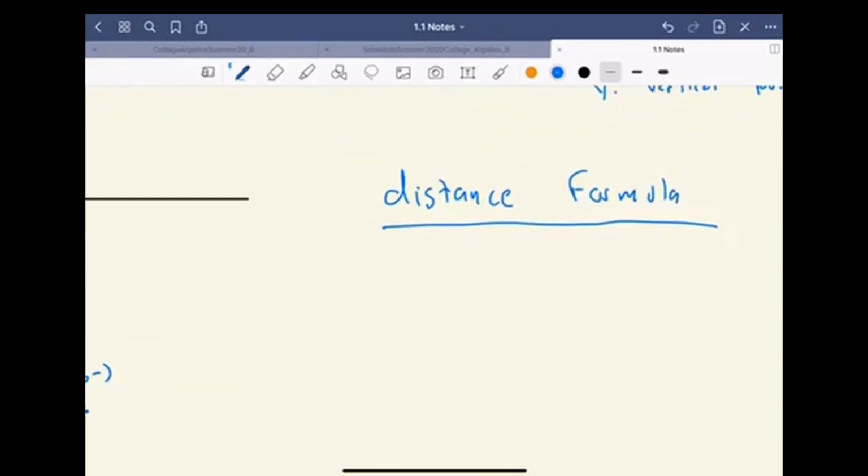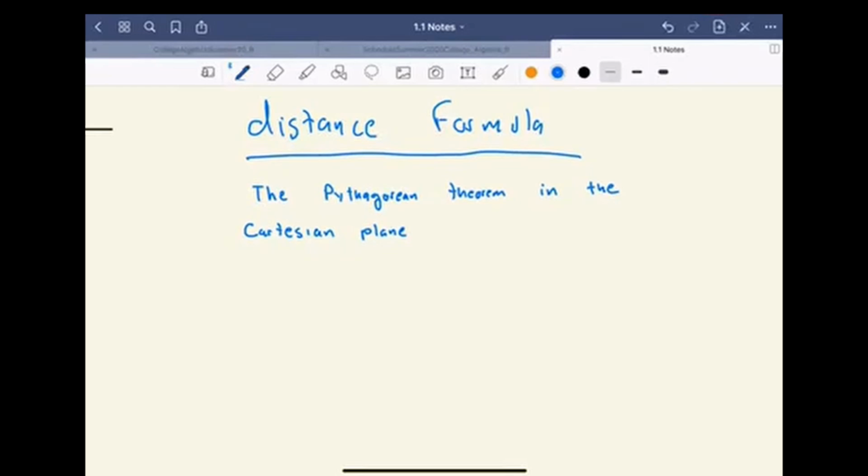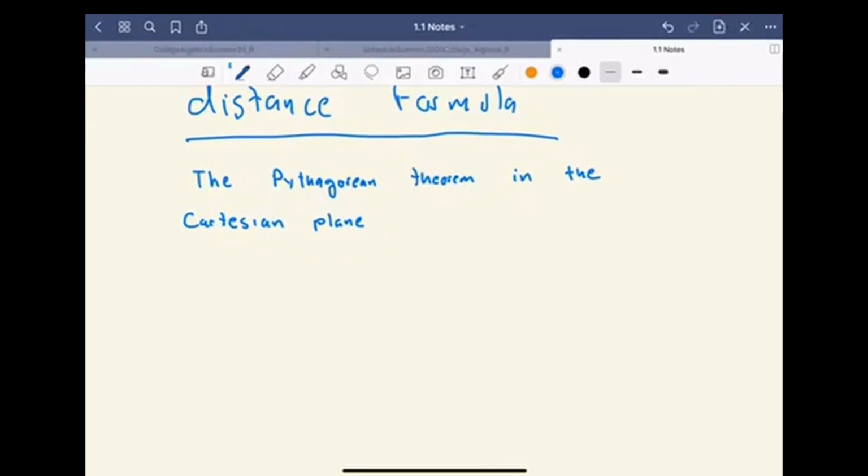Or, really, the Pythagorean theorem in the Cartesian plane. Okay, so let's talk about the Pythagorean theorem real quick.